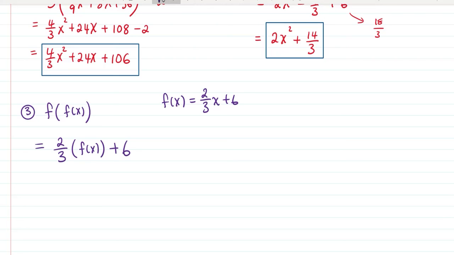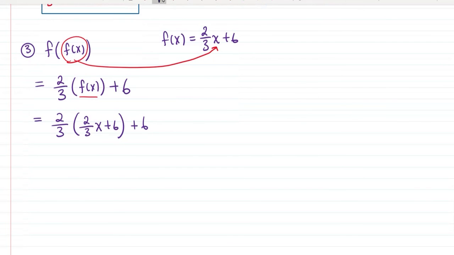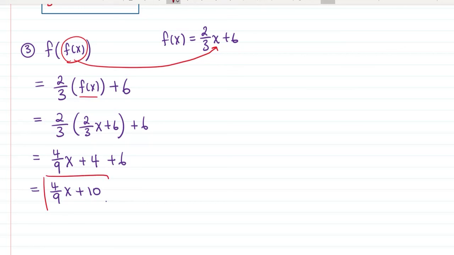Basically, we're replacing the x with the f of x. And then replacing f of x here with the expression, which is 2 over 3x plus 6. 2 over 3 times 2 over 3x plus 6, plus 6. Distribute the 2 over 3: 4 over 9x plus 4 plus 6, 4 over 9x plus 10. And that is the answer.